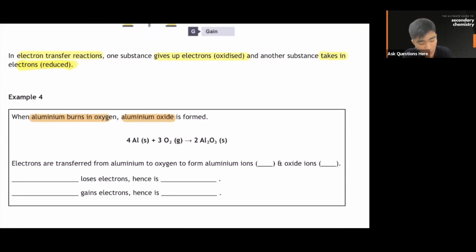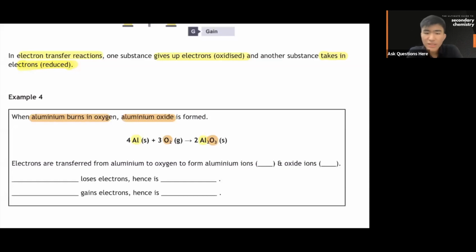So over here, what you can see is the reaction. I'm going to use color coding again. We have Al, Al. We have oxygen and oxygen. Now you can see over here that before the reaction, aluminum has no oxygen, and at the end of the reaction, aluminum has oxygen.